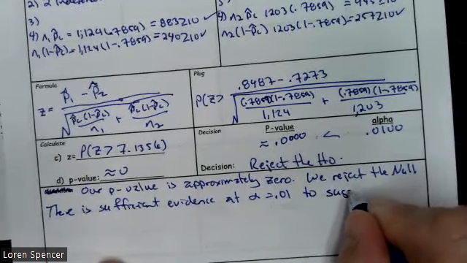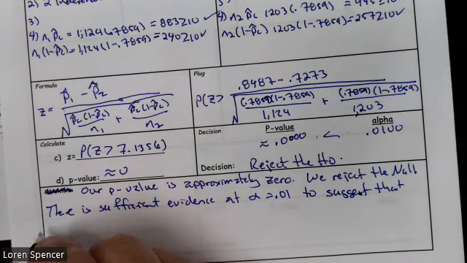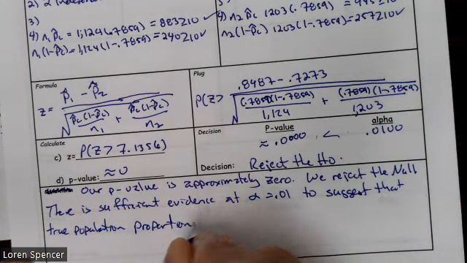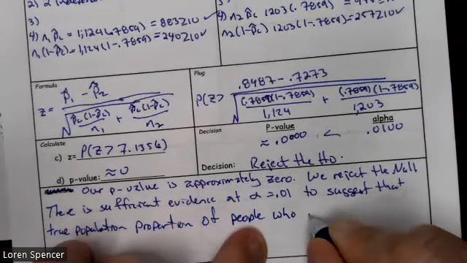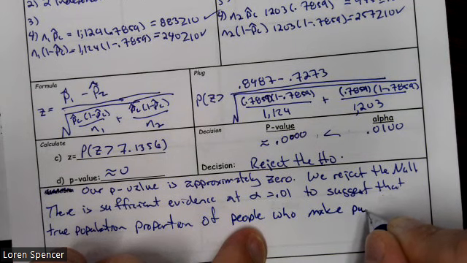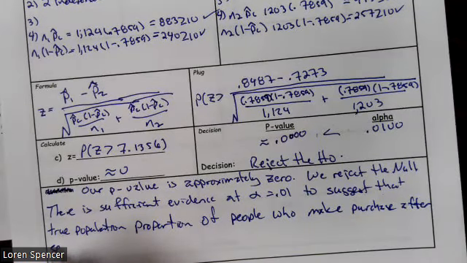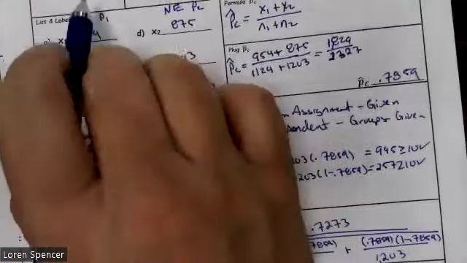to suggest that the true population proportion of people who make purchases after seeing the new ads is, what was our alternative?